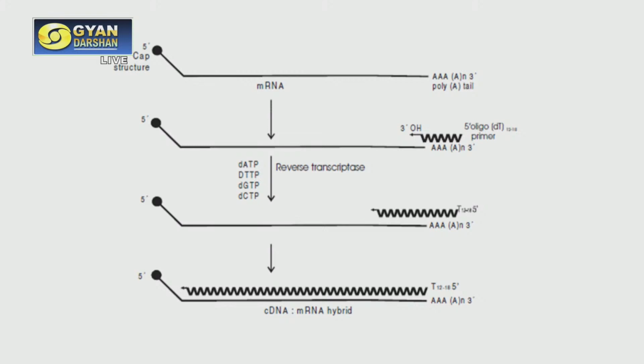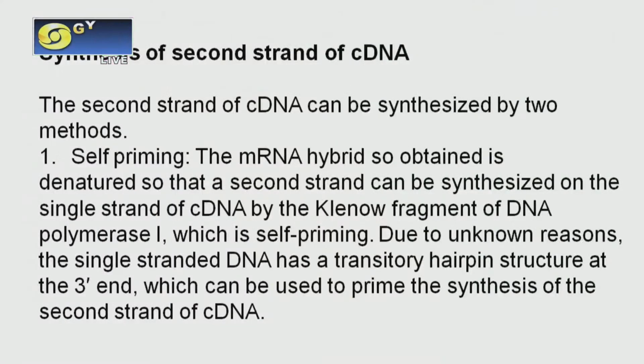It occurs in a stepwise reaction. First, you synthesize the first strand cDNA, giving rise to the cDNA-mRNA hybrid, and then you need to synthesize the second strand cDNA. For the synthesis of second strand cDNA, there are two methods. One is self-priming, which is not that commonly used.